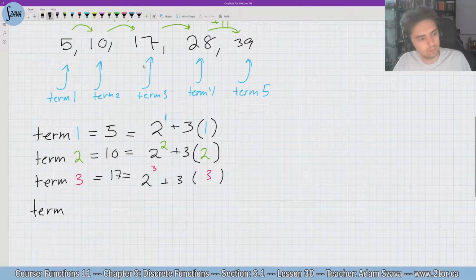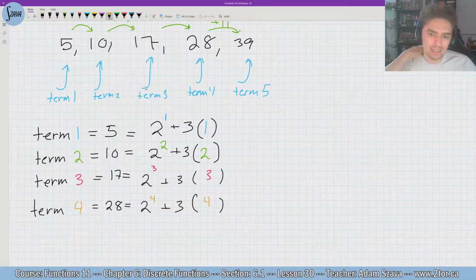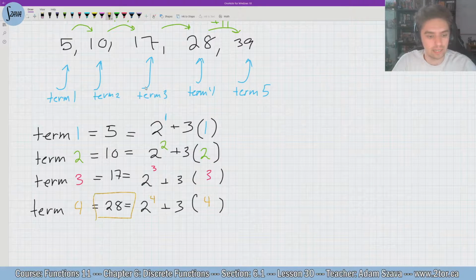Term 4, let's just do one last one. Term 4 is equal to 28, which is 2 to the power of 4 plus 3 times 4. So 2 to the power of 4 is 16. 16 plus 12 is 28. So we do get exactly the thing that we're looking for.